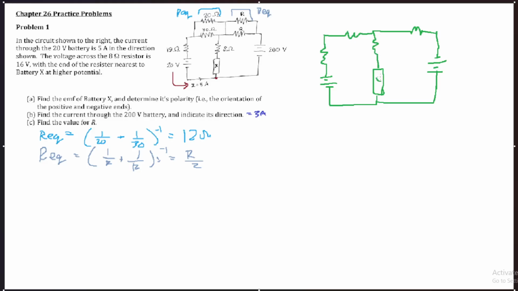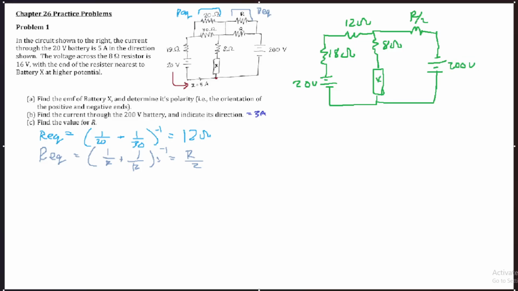Okay. So we have our X right here, and then we have our 8 ohm resistor right over here, and then R over 2, and then a 12 ohm, and then an 18 ohm. And then we have a 20 volt battery. We have a current flowing this way, and then we have our 200 volts.